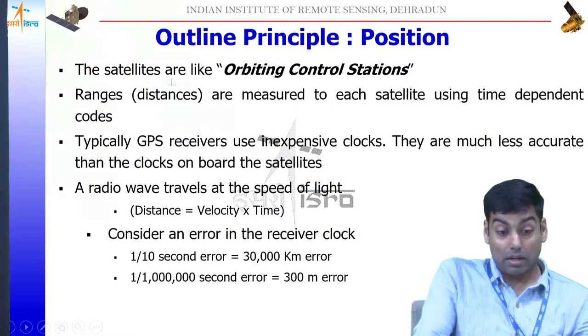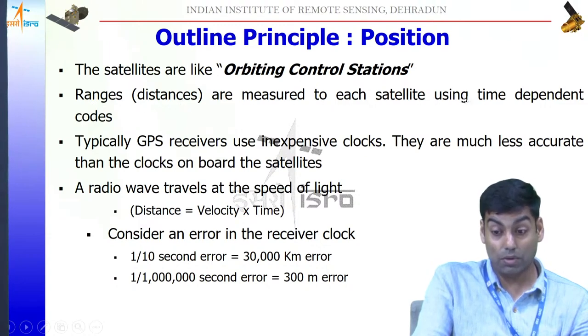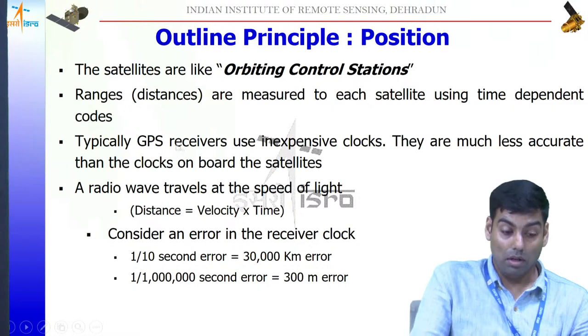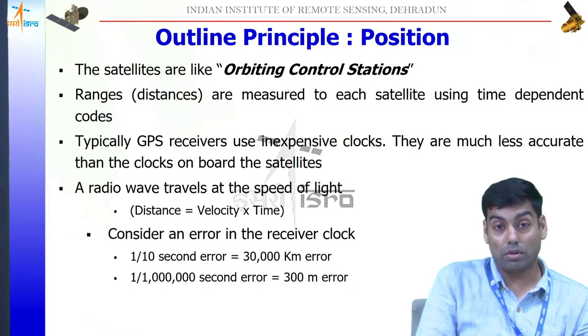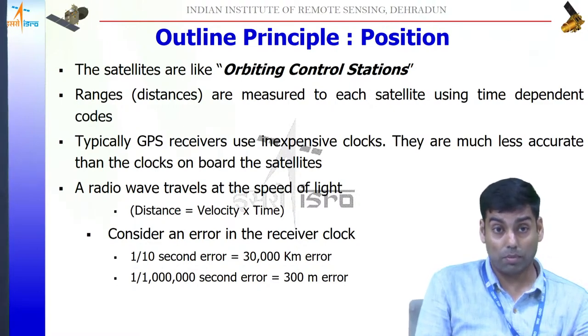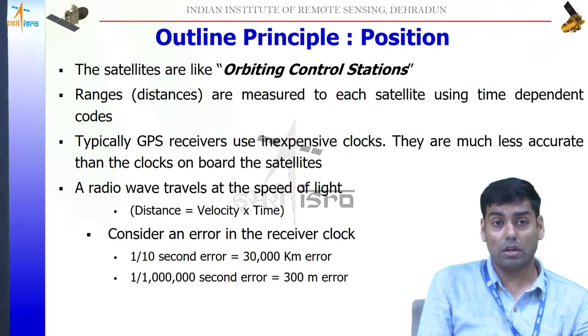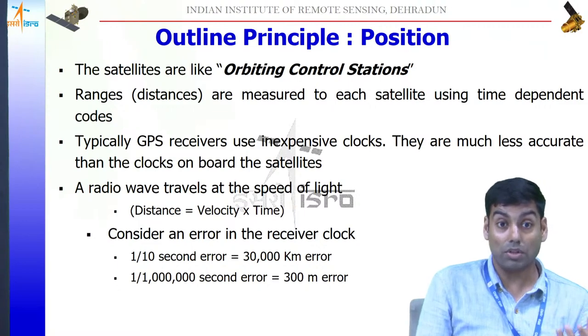Satellites are like orbiting control stations. Range distances are measured to each satellite using time-dependent codes. Typically, GNSS receivers use inexpensive clocks, like in our mobile or surveying instruments. These all use basically a quartz clock, whose phenomenon is based on oscillation.